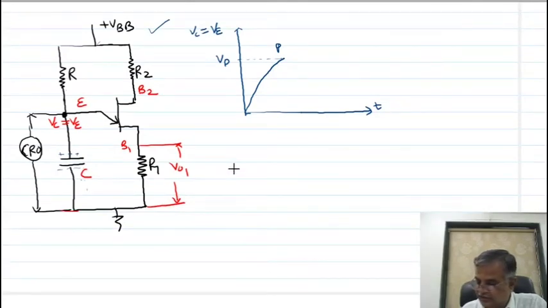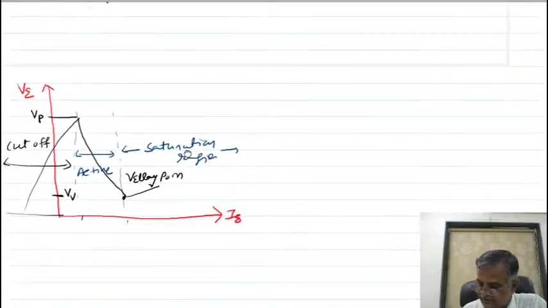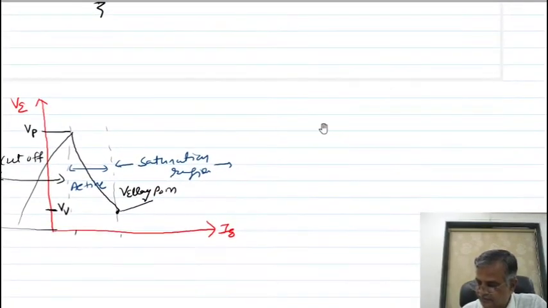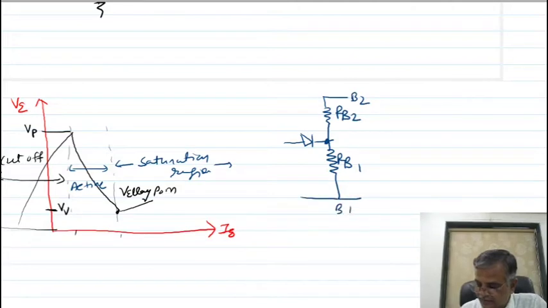The UJT can be represented this way. You know this. This is RB2, RB1, this is B2, this is B1.